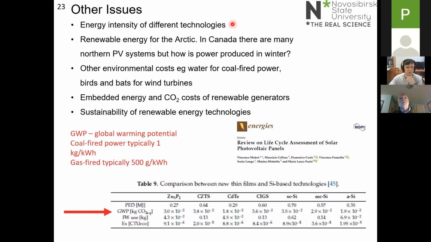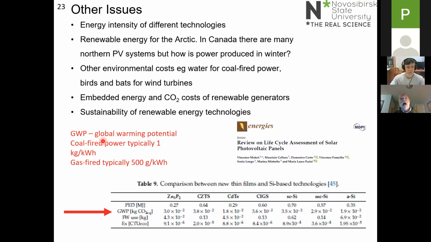One of the important issues in terms of greenhouse gas effects and global warming is what is called the energy intensity of the technology. And that is measured in a whole number of different ways. The most common way of measuring it is what's called the global warming potential.